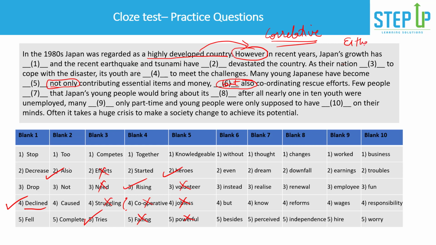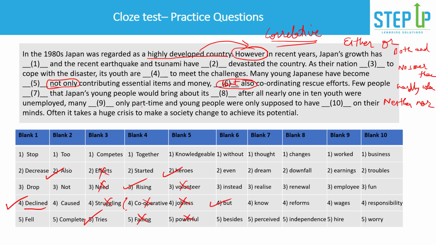For example, you have either or, both x and y, no sooner than, hardly when, neither nor. So some of these conjunctions always go together. So here it was a grammar thingy that not only, so here it has to be but also, no other option, right? So the option is here.